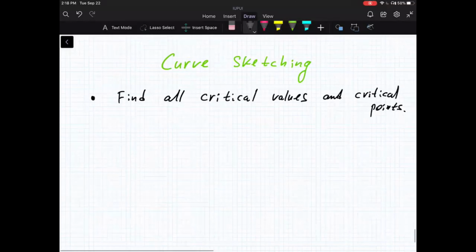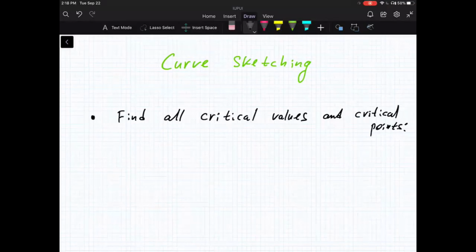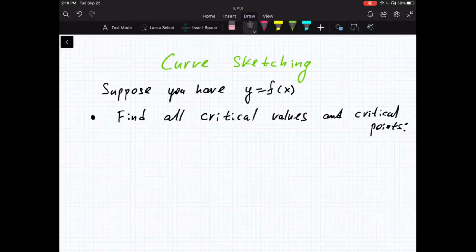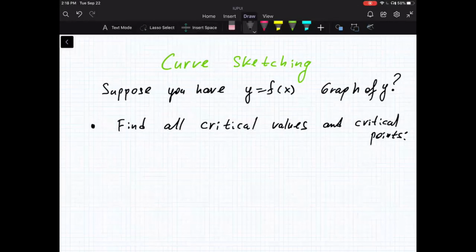Just the definition. So what does it mean? It means that suppose you have y equals f of x, and you want to graph it. And so what does it mean?